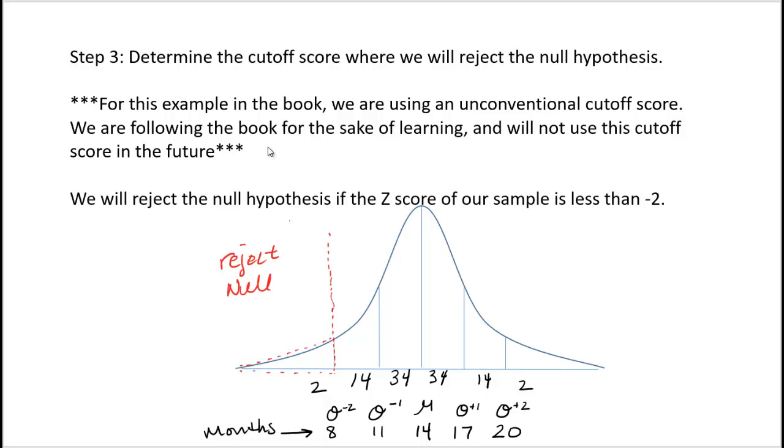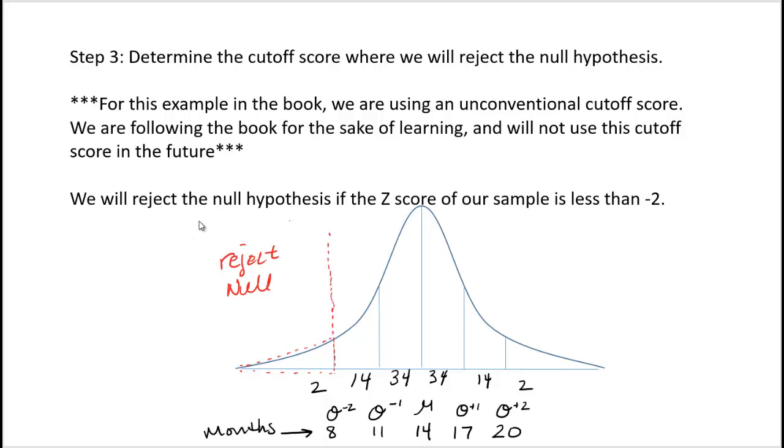Okay? So when we talk about this rejection zone or this cutoff score, just know that it's not conventional and that we're going to use other cutoff scores going forward, but for the sake of learning, we're just using a round number.